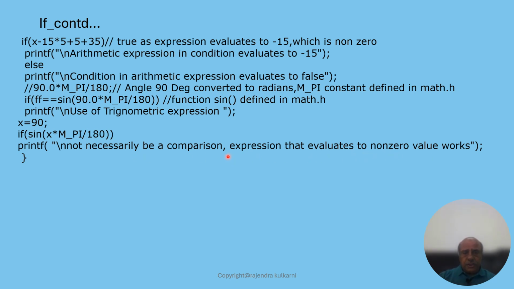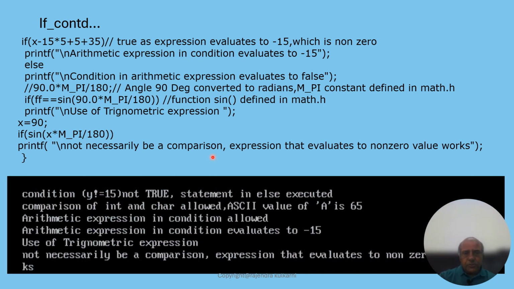This will be the output. Since sine of angle 90 is 1, this if is executed, and this is the output which we will be obtaining for this if construct.